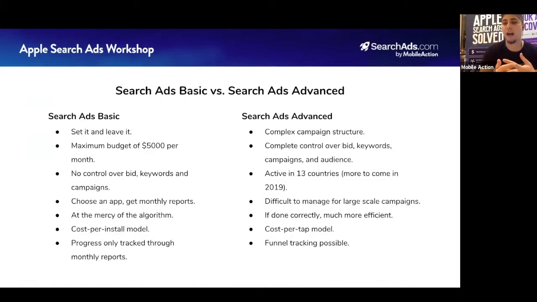You also have the chance to track an entire user funnel. For this, you have to have an attribution tool, and you have to have the searchads.com dashboard, but you can see which keyword I got my install from, what they did after they got the install, did they start a free trial, did they do an in-app purchase, did they start a subscription, did they deposit money in my app.